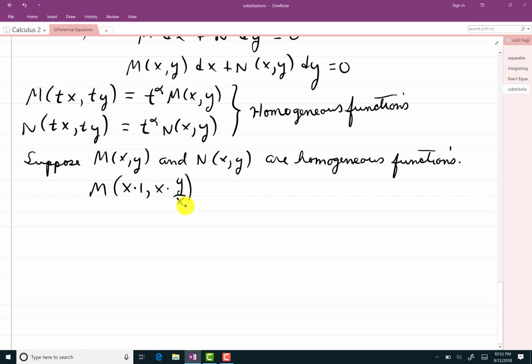Because of the homogeneousness, I could rewrite this then as x to some power times m of 1 comma y over x. And the other one, n, I'll do the same thing, x times 1, comma x times y over x. I'll factor out that x, and I'll get an x to the alpha. Whatever, I don't know what alpha is. I'm just saying I can pull it out.